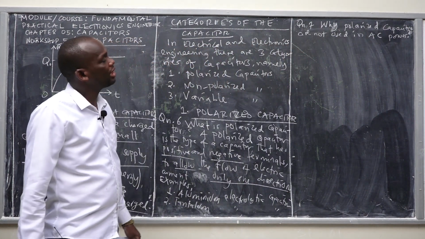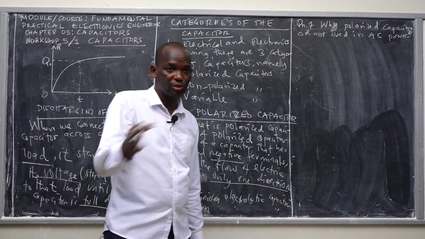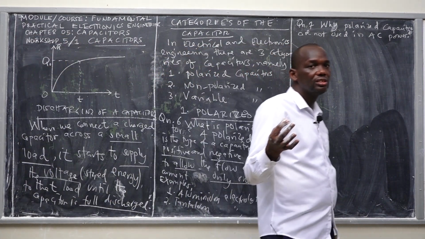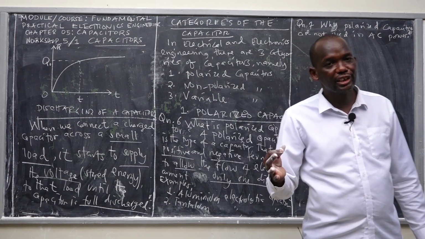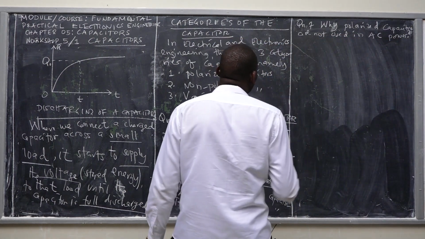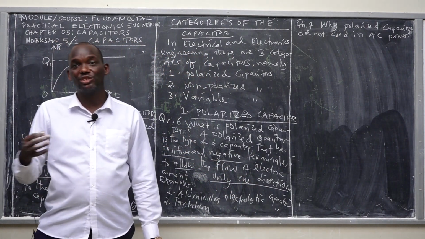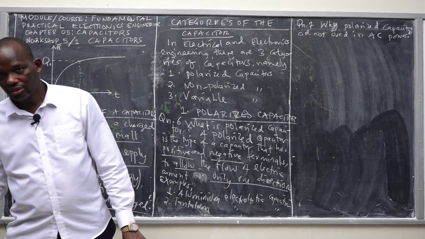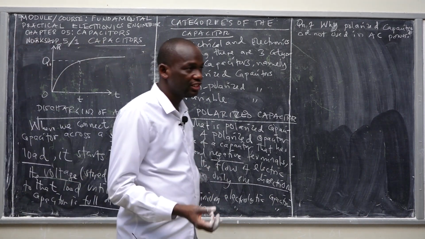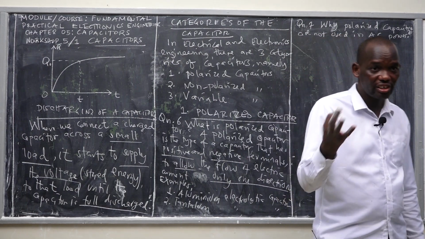The name itself says polarized, so it means it has two polarities: positive polarity and negative polarity. Because of that, while AC does not have polarity. AC, alternating current, alternating voltage, is just alternating, right?